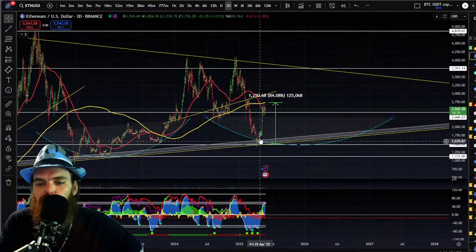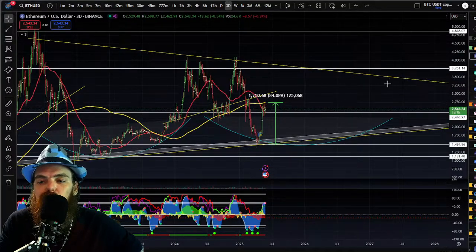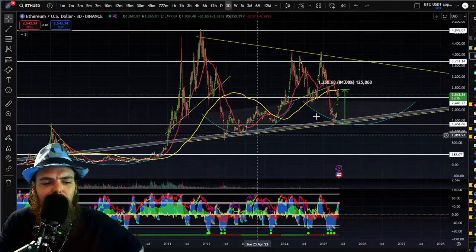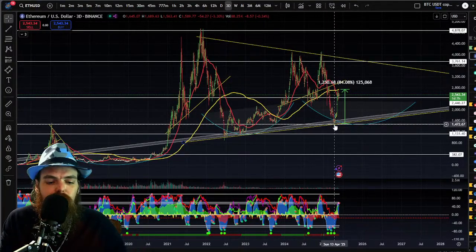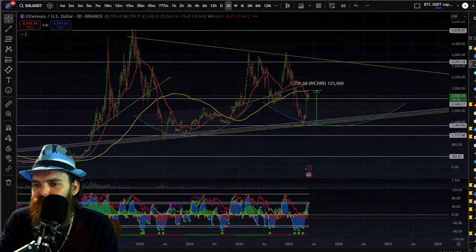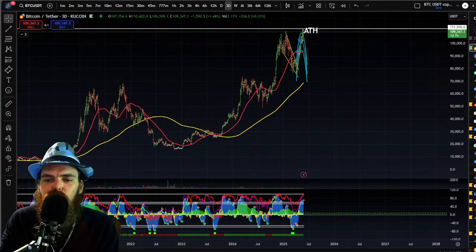So whether that was the bottom and we disappear, which I doubt, I really do think that we range. But regardless, when the price hits a line like that, are you going to long or are you going to short? I don't want to share too much.